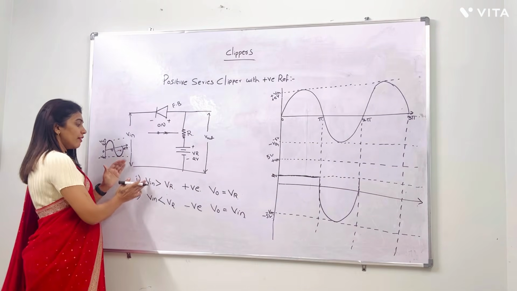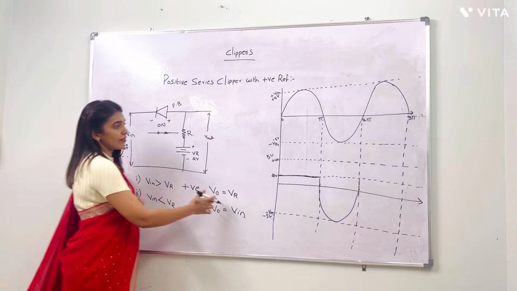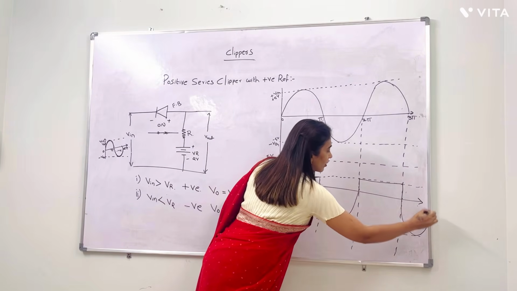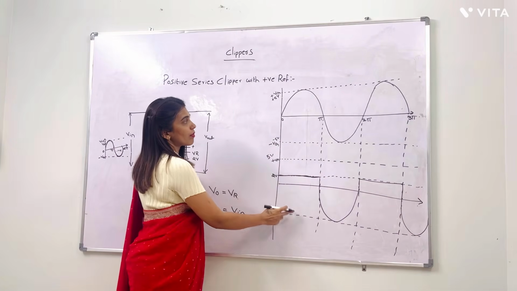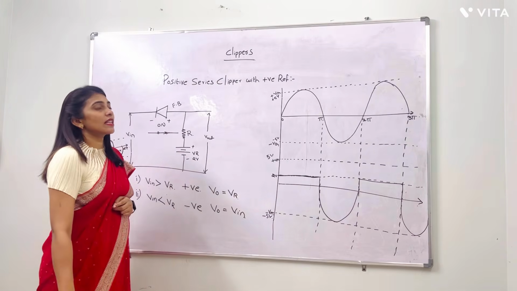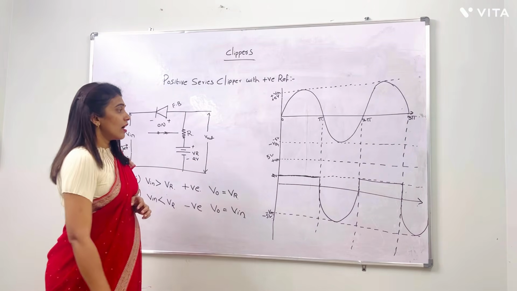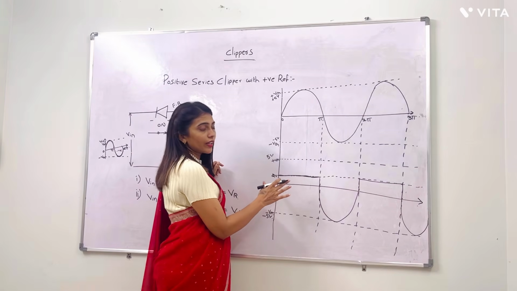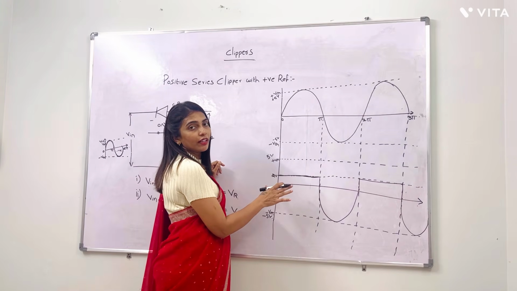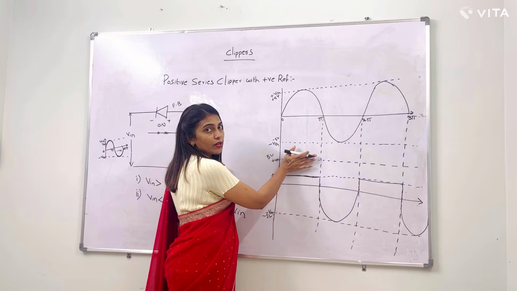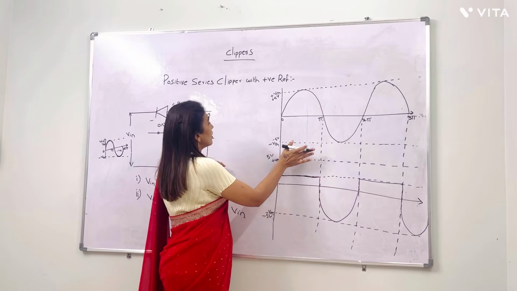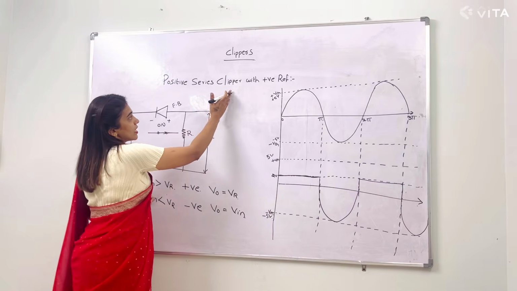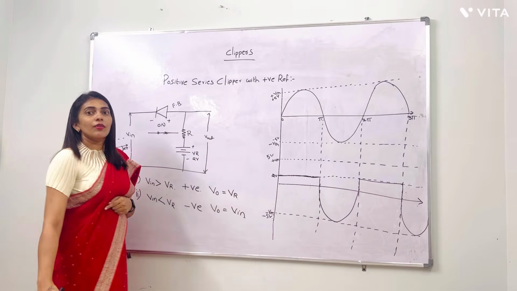Go for next: Vin greater than VR, diode off, Vo equals VR. These are the input and output waveforms of a positive series clipper with a positive reference. Observe which part is clipped off here: the positive side only. So this type of clipper is called a positive series clipper with a positive reference.